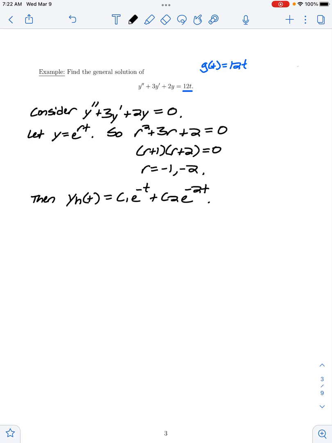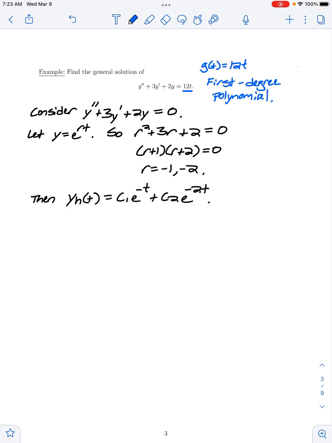Now, how do we guess the form of our particular solution? Well, we're going to look at the form of the g of t function on the right-hand side. Here, g of t was 12 times t, which is a first degree polynomial, or a linear polynomial.